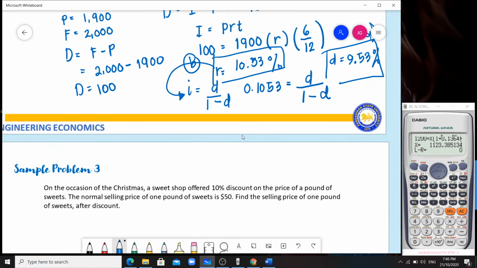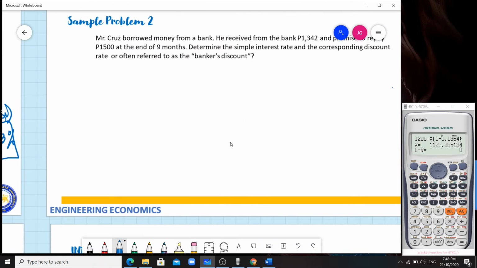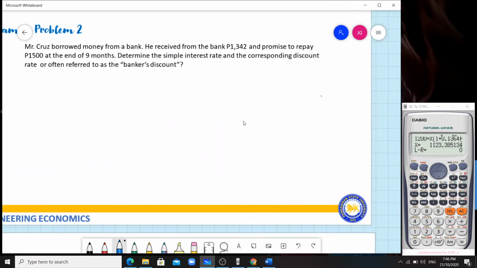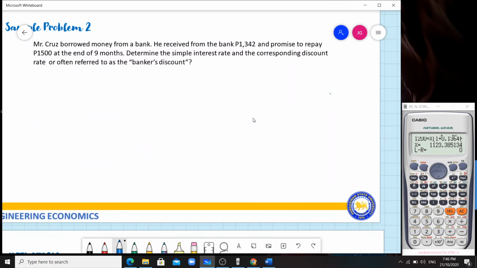So, next problem. Mr. Cruz borrowed money from a bank. He received from the bank 1,342 and promised to repay 1,500 at the end of 9 months. Determine the simple interest rate and the corresponding discount rate, or often referred to as banker's discount.